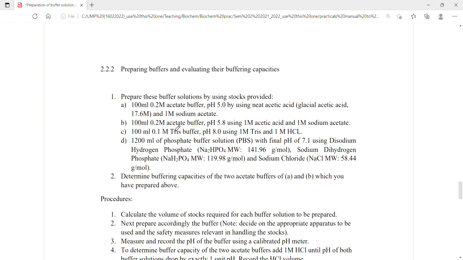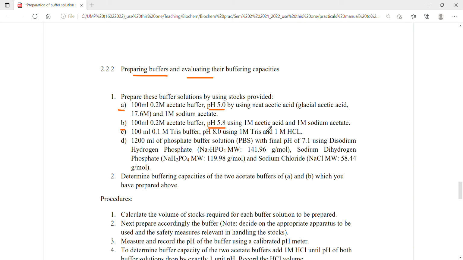We now look into preparing buffers and evaluating their buffering capacity. For preparing buffers, I have given quite a number of choices to prepare, but A and B are actually the same buffer, that is acetate buffer, only the pH varies, pH 5 and pH 5.8.